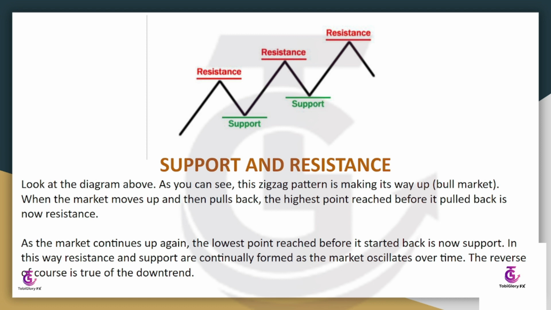I'll show you this on my chart. As the market continues up again, the lowest point reached before it started back is now the support. In this way, resistance and support are continually formed as the market oscillates over time.